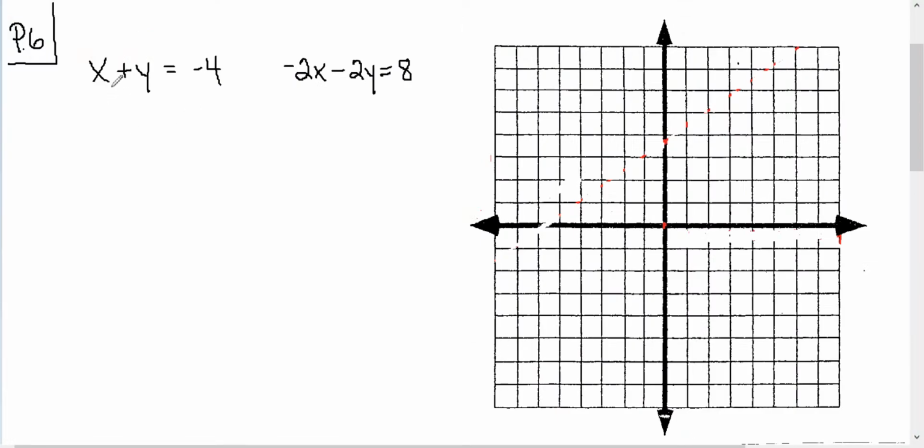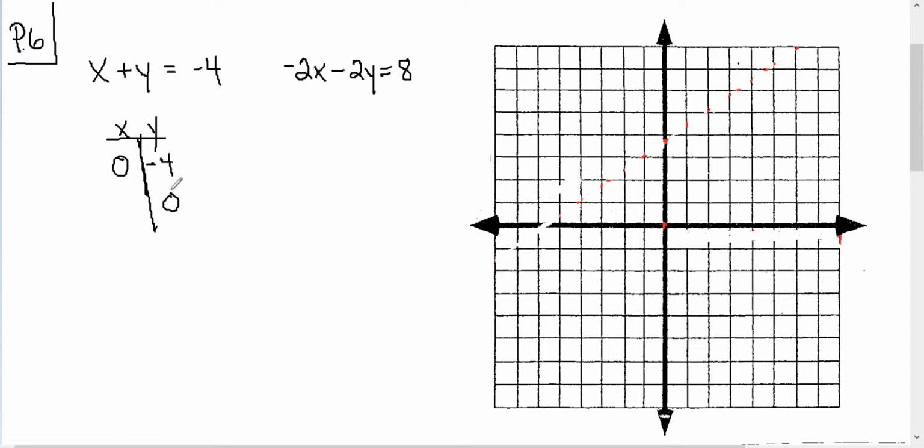All right, next, practice problem 6. Same way. I put these horizontal to each other, or across from each other, instead of stacking them. My method here is to use the t-chart. When x is 0, what's y? Negative 4.